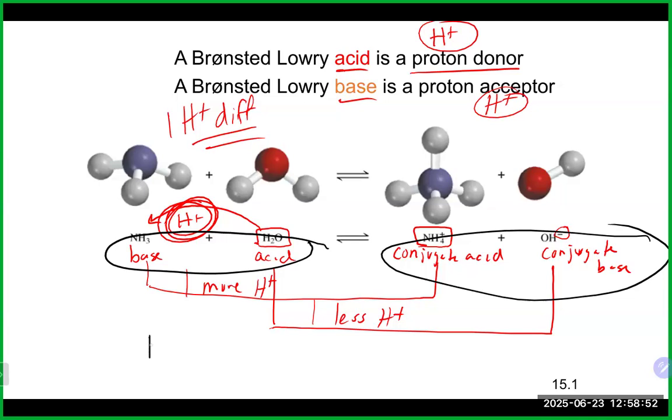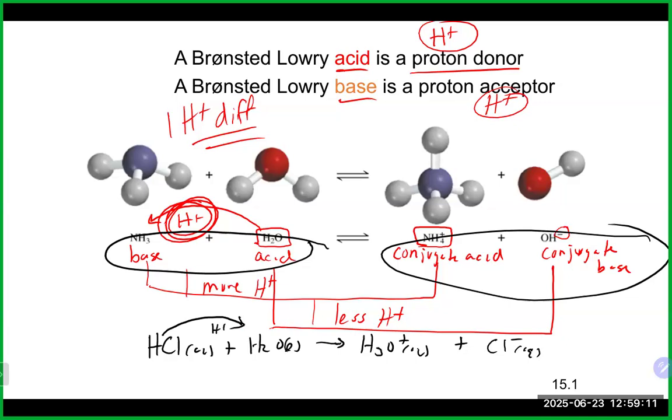Now, by the way, the acid one that we talked about earlier with the hydrochloric acid, we could again write it with the water present. We'll get H3O plus and Cl minus. And again, in this situation, we're going to actually get the H plus transferring in this direction. And this is our acid.